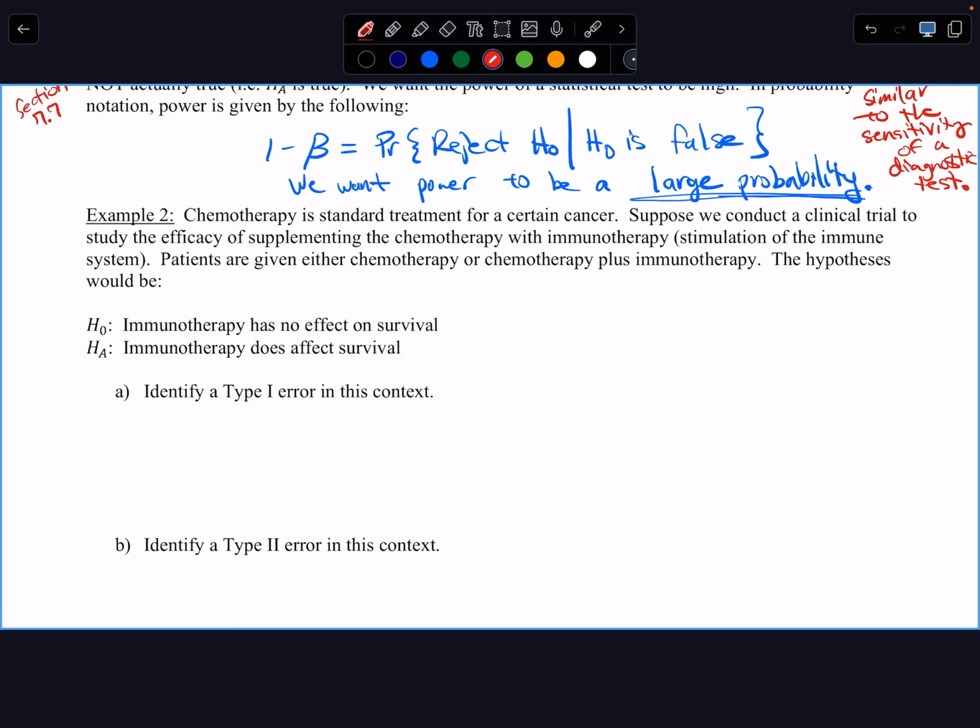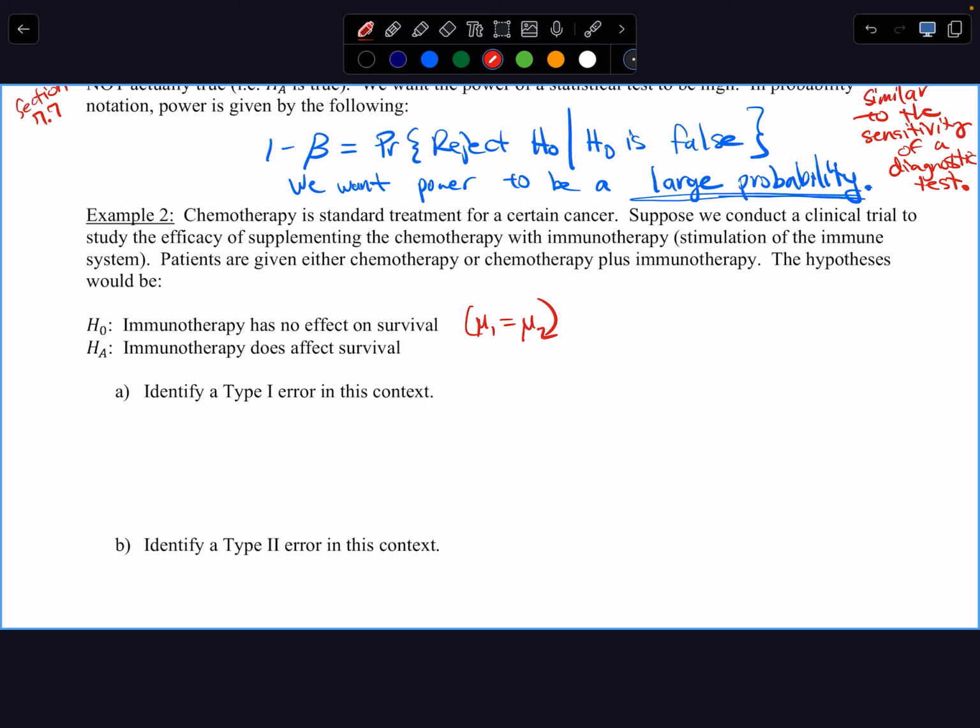That's similar to saying mu1 equals mu2. If we're measuring the progress of cancer by looking at maybe the number of cancer cells, when it says immunotherapy has no effect, the mean for the group with just chemo would be equal to the mean of the group with chemo plus immunotherapy. If they're equal, then the immunotherapy is not doing anything.